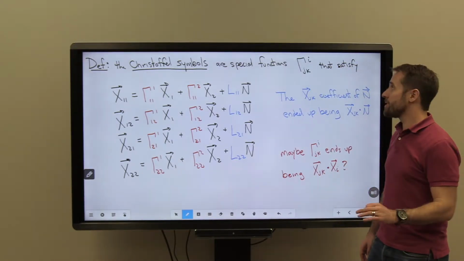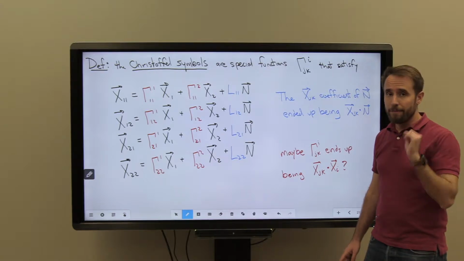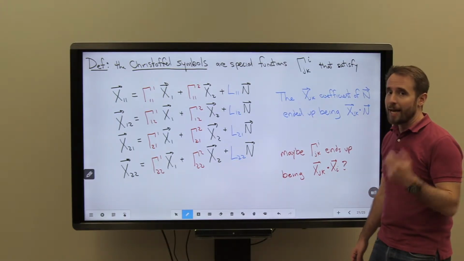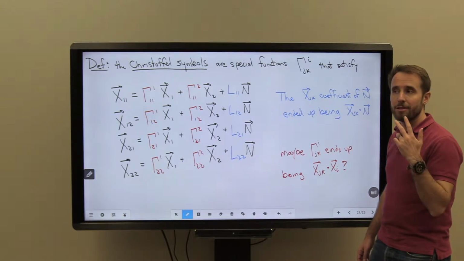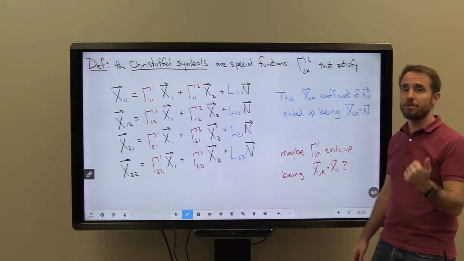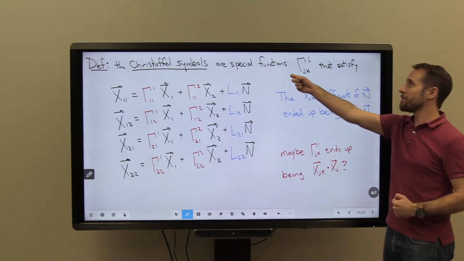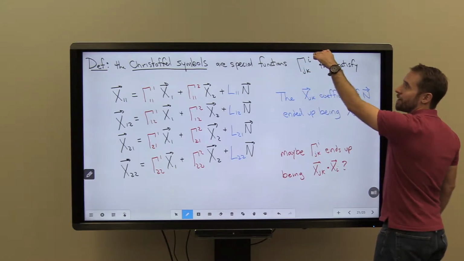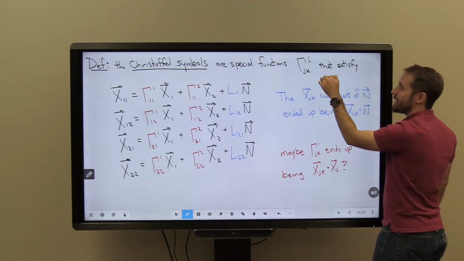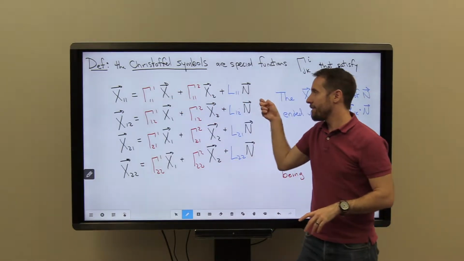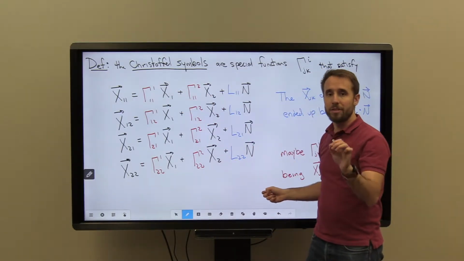So the Christoffel symbols are going to be functions, which we denote with a capital letter gamma and three different indices, right? Two subscripts and a superscript. So the Christoffel symbols are special functions of the form gamma, upper i, lowercase jk, and these are the functions that satisfy these equations here that we were just mentioning.